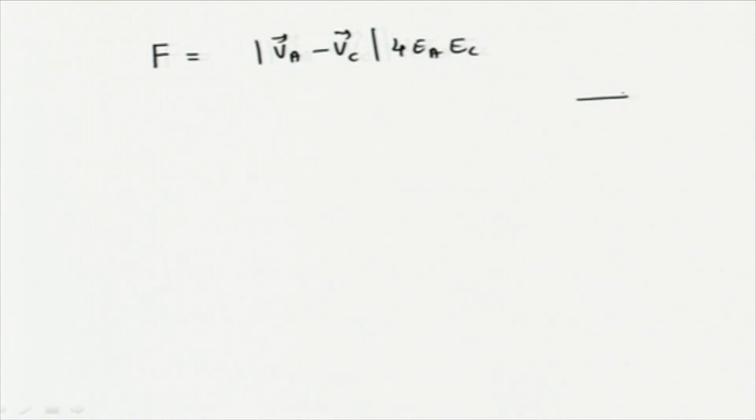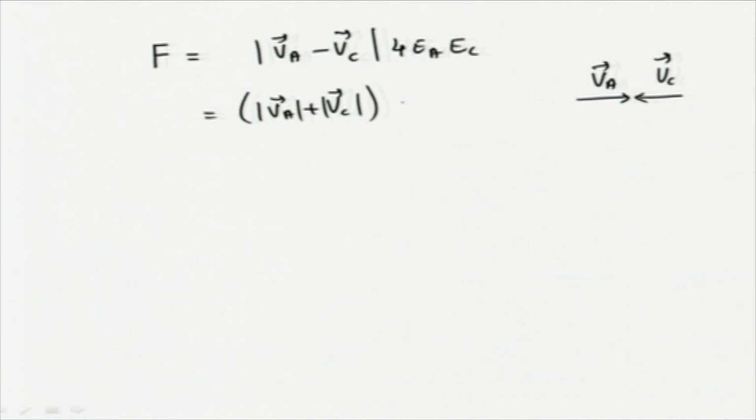Now, for a colliding beam, v_A and v_C are opposite to each other, and in that case the magnitude of v_A minus v_C is v_A plus v_C, the magnitudes of the individual velocities, times 4 times E_A E_C. This is true when their angles are 180 degrees with each other, and then the magnitudes can just be added. The difference is the sum of the magnitudes.